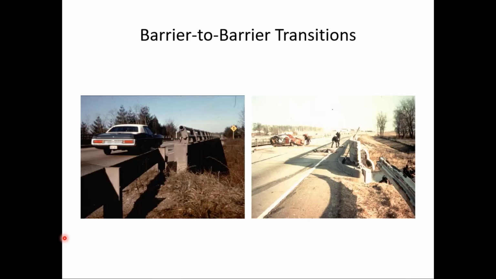I mentioned barrier-to-barrier transitions. These are important and we need to be sure they're handled properly. Notice in this case, we have the W-beam rail, again, which will deflect about 3 to 5 feet. And then that's transitioned to or joins a bridge rail, which is essentially a rigid object that does not deflect. And you can see here what happens.